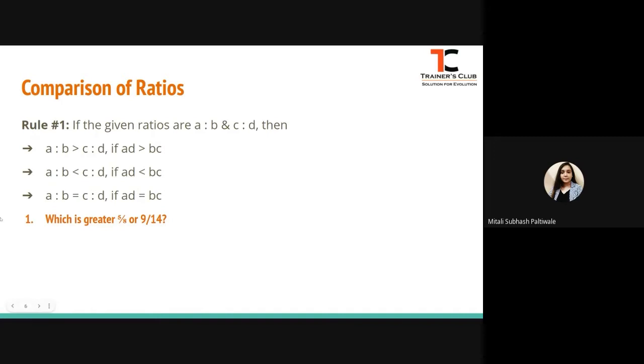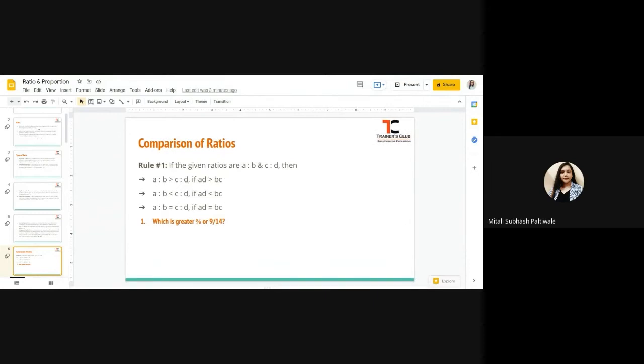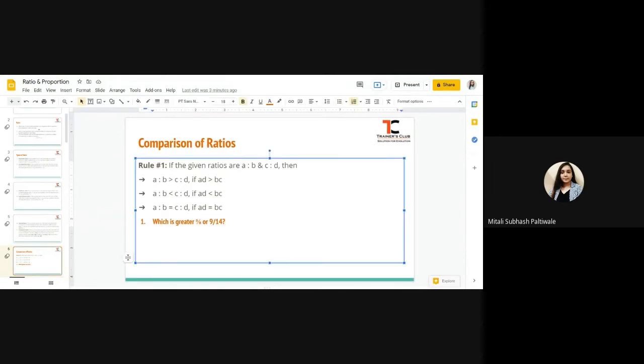Okay, now look at this. This is the very first example which comes in your way: which is greater, 5 by 8 or 9 by 14. So you have to find this out. So let's just find this out, how we should find it. Okay, so here what things are given? 5 by 8 and 9 by 14 are two different ratios given.